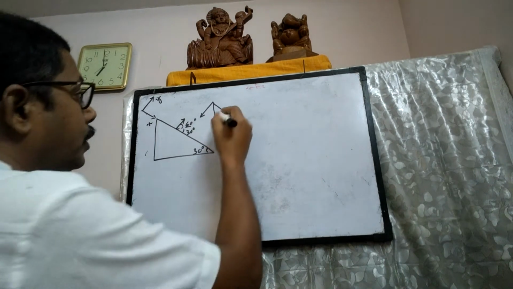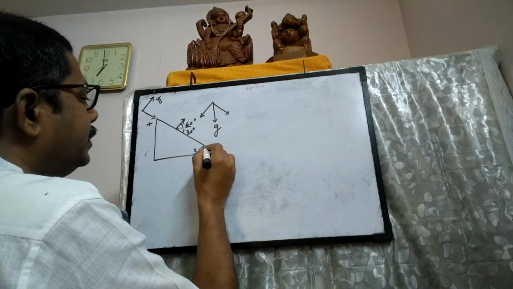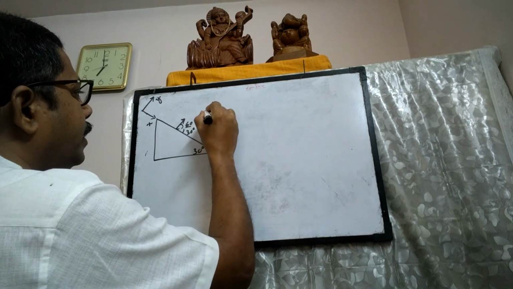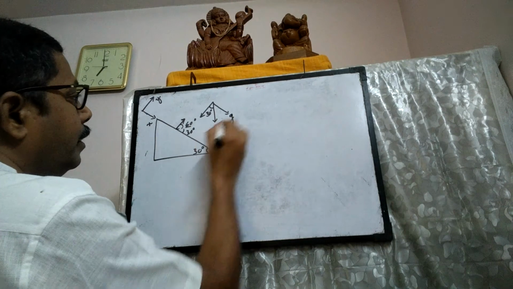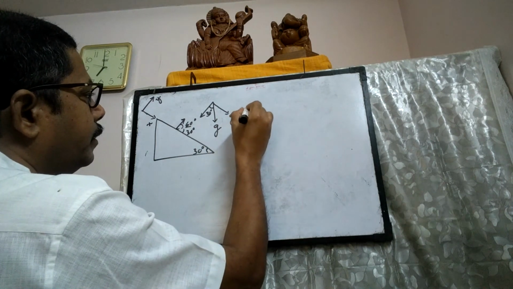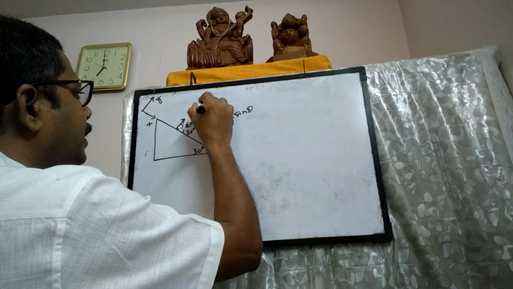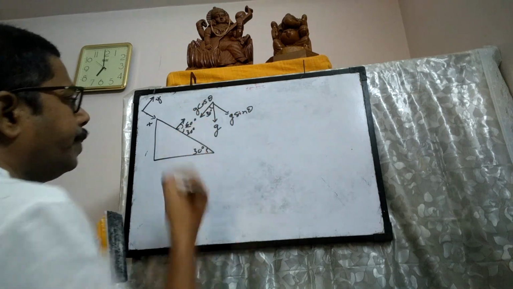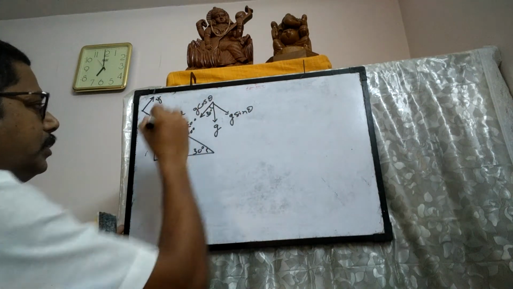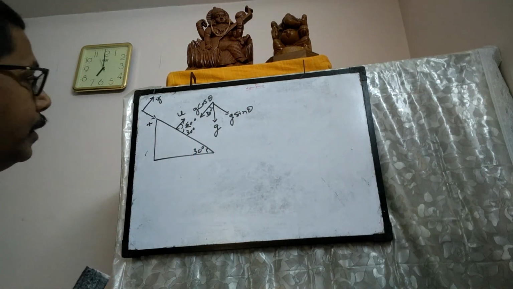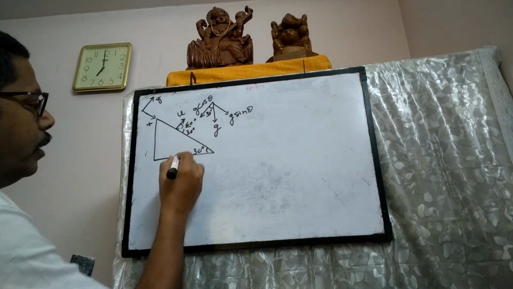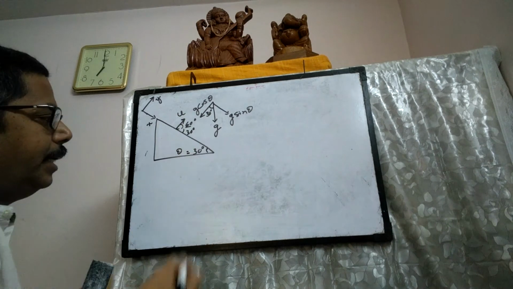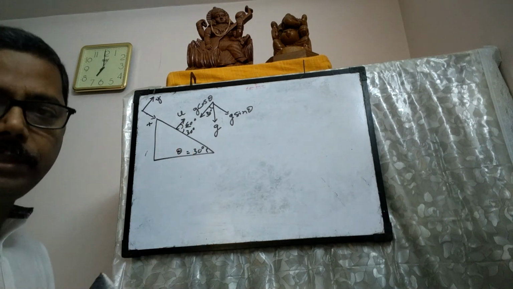You also know this, if this angle is 30, this angle will also be 30, right? So this is actually g sin theta and this component is g cos theta. Now this is the velocity of projection, let us say u. So you observe now, we have taken theta as 30 degrees, the angle of inclination of the inclined plane.